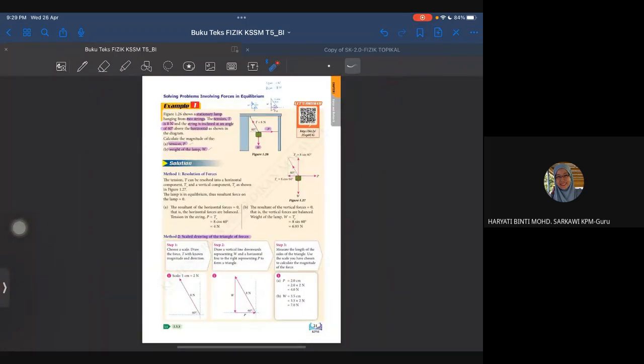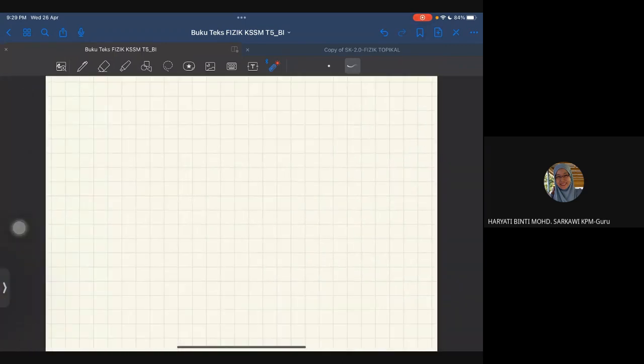I redraw here. So you see we have an object, the lamp is here. Let's say this is the lamp. And then we have P. The angle is 60.